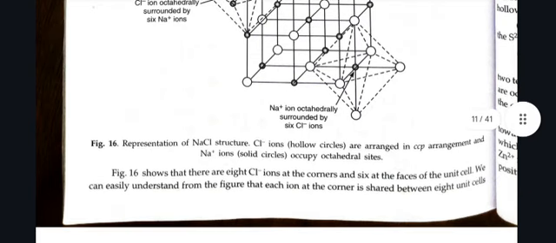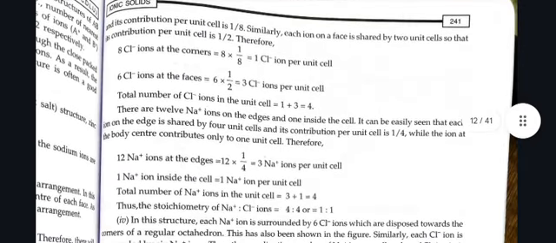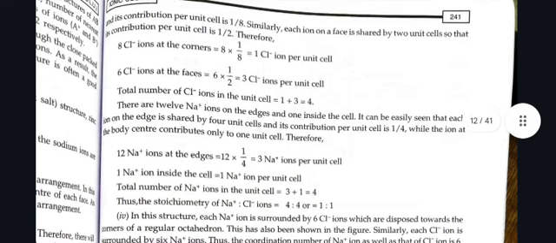Similarly, each ion on a face is shared by 2 unit cells, so its contribution per unit cell is 1/2. So 8 chloride ions at the corners equals 8 multiplied by 1/8, which gives 1 chloride ion per unit cell. Similarly, 6 chloride ions at the faces equals 6 into 1/2, which gives 3 chloride ions per unit cell. Total number of Cl- ions in the unit cell becomes 1 plus 3, which is equal to 4.